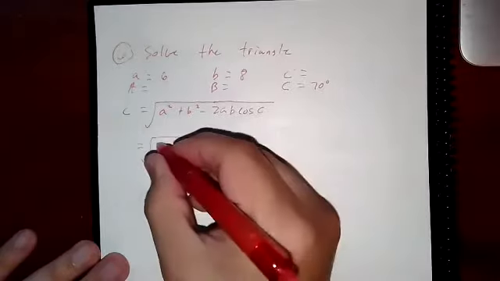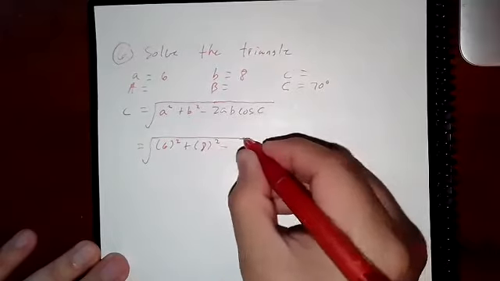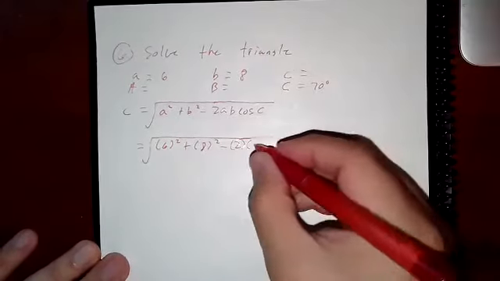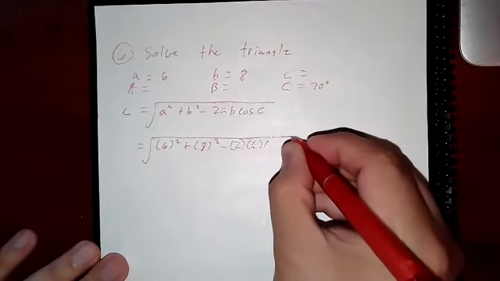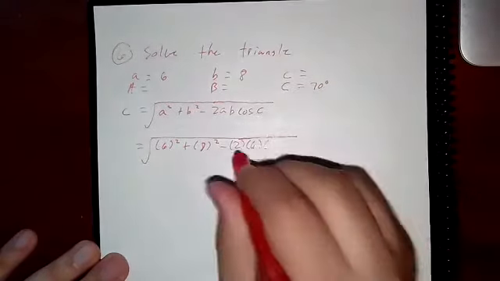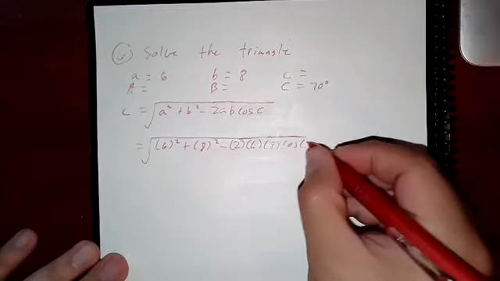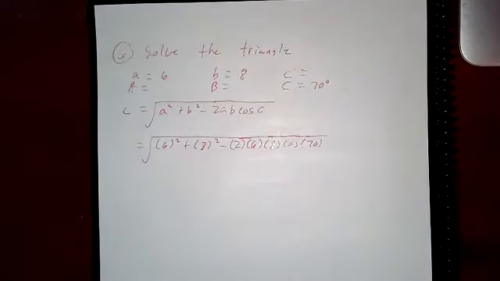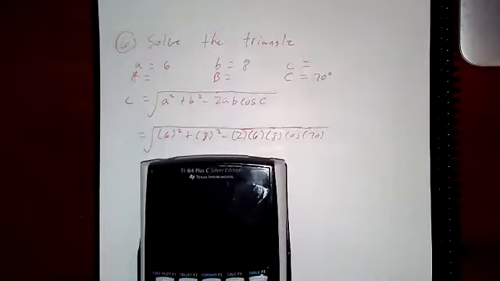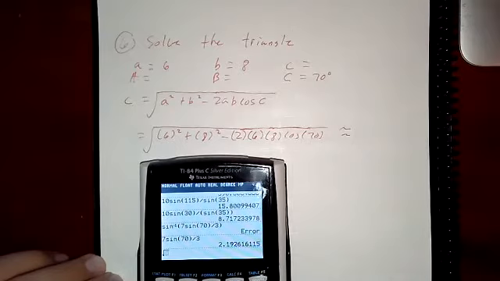All right, so then here we go. 6 squared plus 8 squared minus 2 times a times b times cosine of 70. Now let's see what that is. I got 9.79.